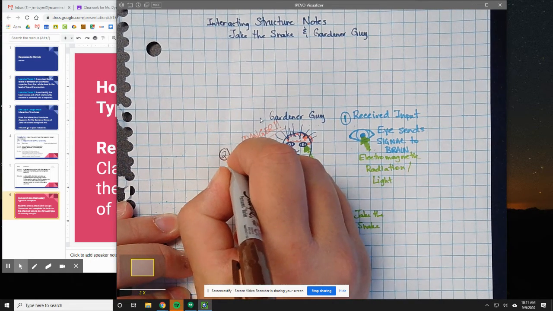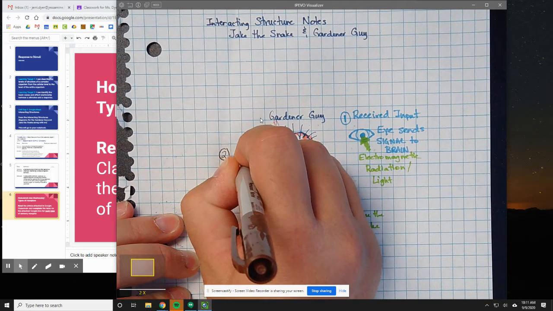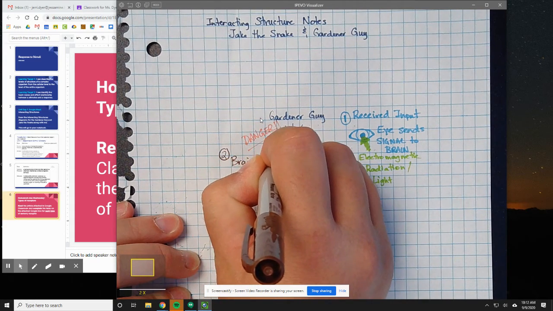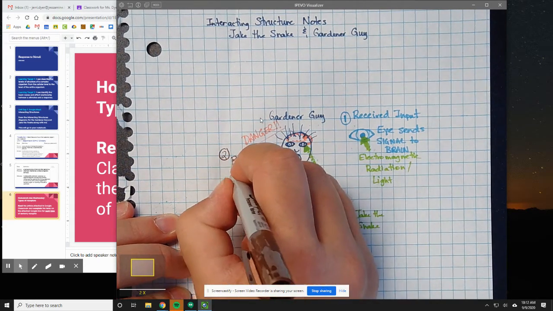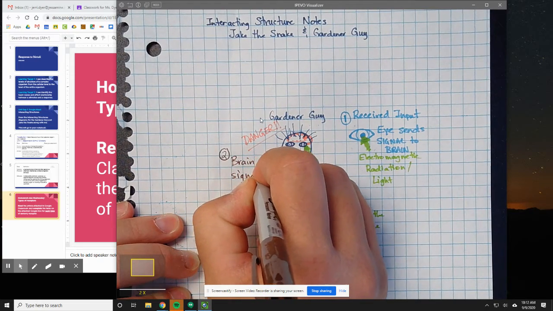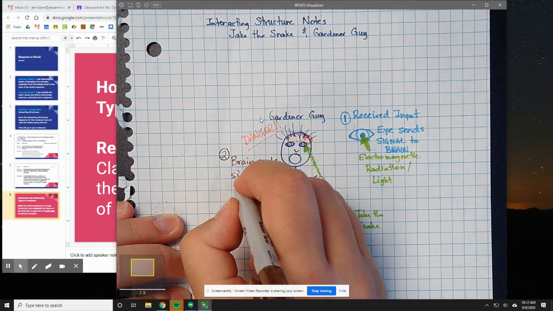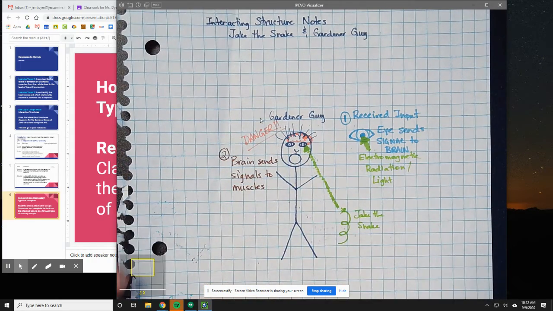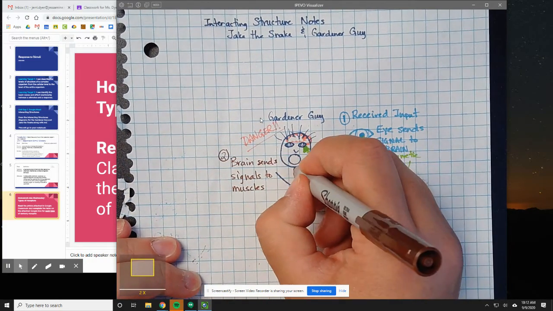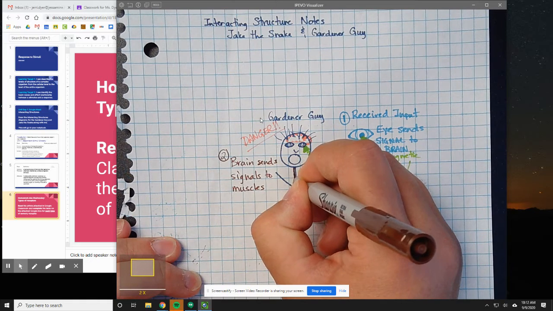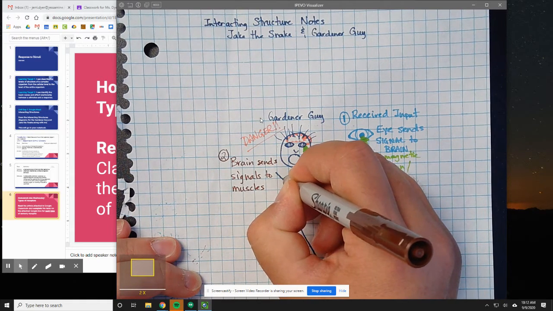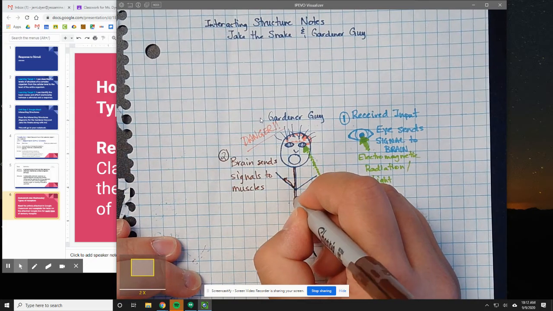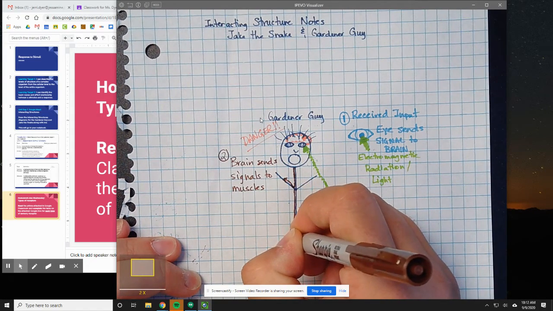So the brain sends signals to muscles. Okay. So I'm going to draw some signals going from the brain, maybe out to the arms, maybe down to the legs.